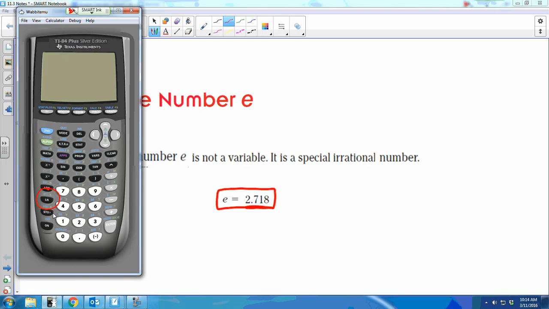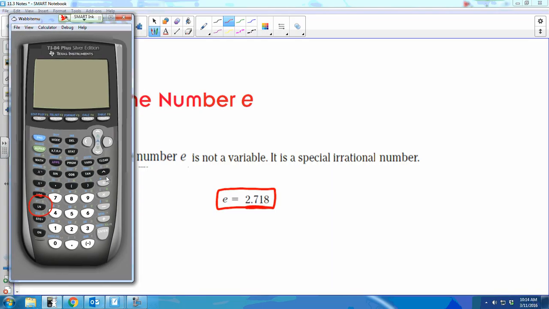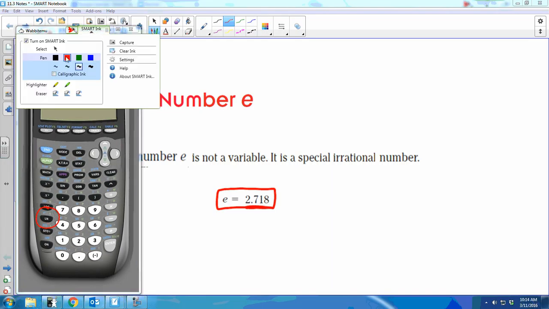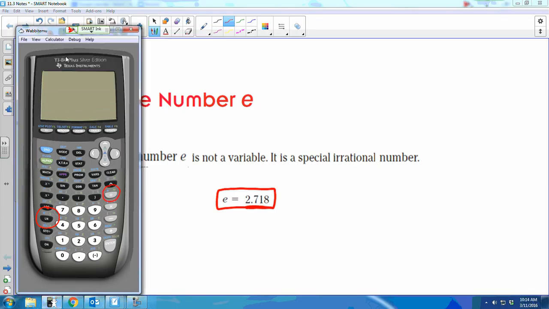Or you just have e above the division symbol. So if you're not trying to raise it to a power, you just need to use e. There it is. Okay, so both places. So we'll be using those today.